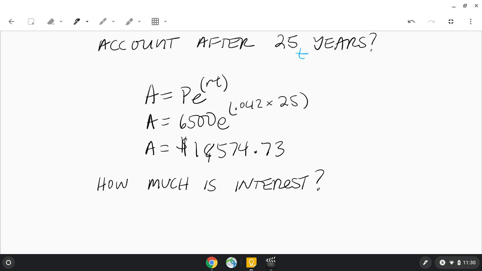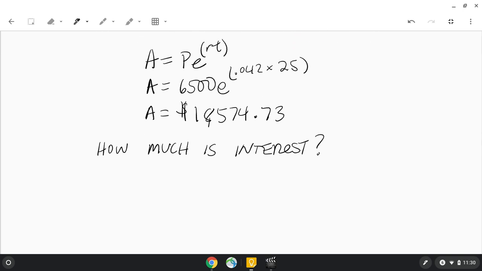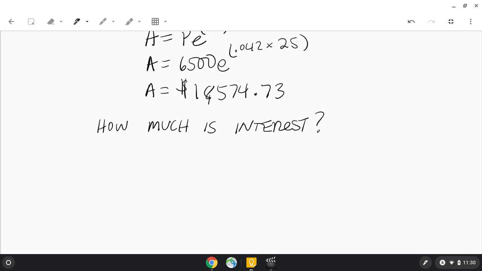So how much of that was interest? Punch that into your calculator. You should have gotten $12,074.73. My money made me $12,000.